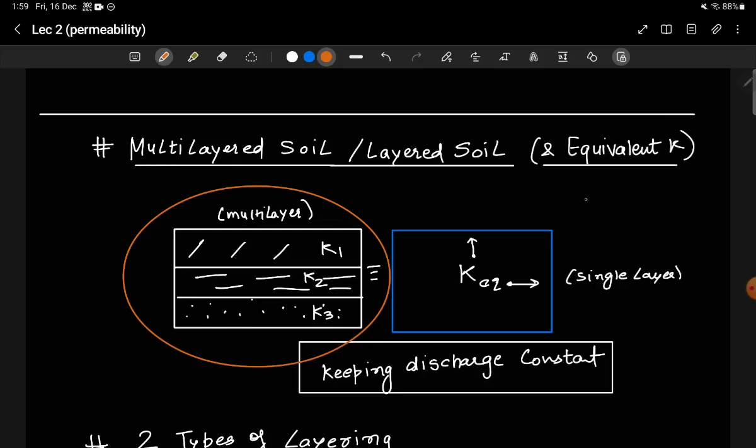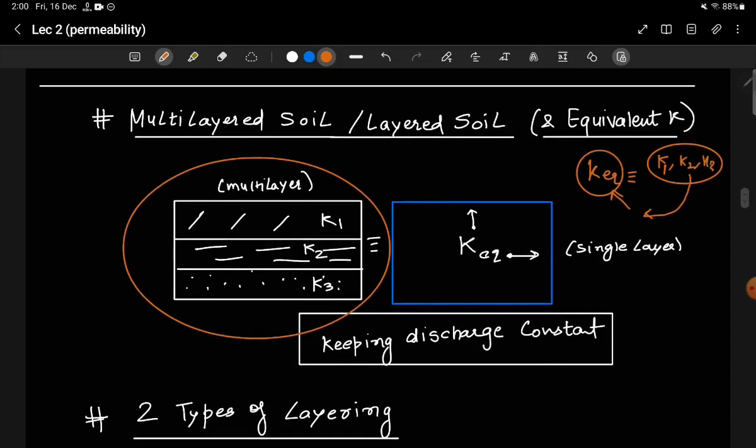That means K equivalent is equal to K1, K2, K3. So the three different soils having three different permeability will be converted into one single layered soil having one coefficient of permeability, and the discharge will be kept constant.